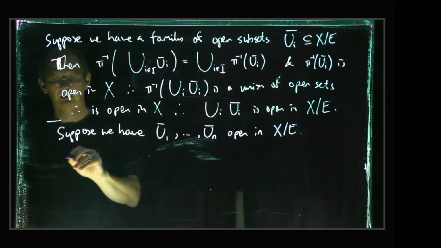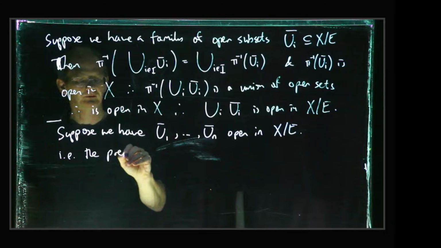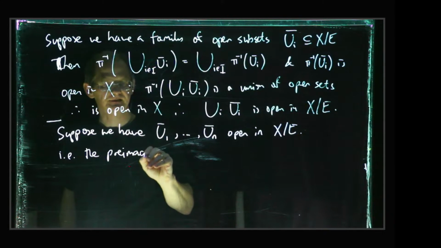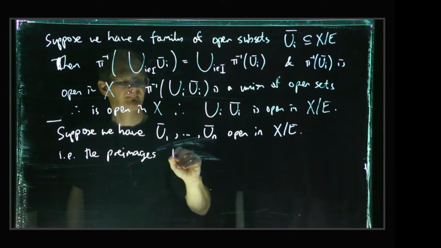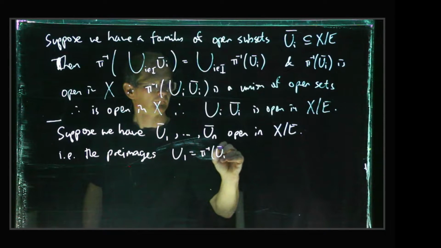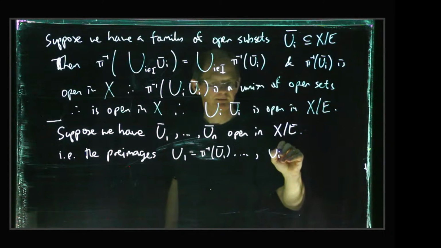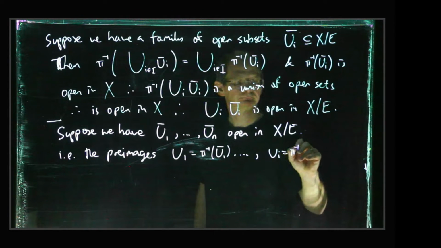Okay, so let's just write the argument in a slightly different style. We define U_i to be the preimage of U_i bar.